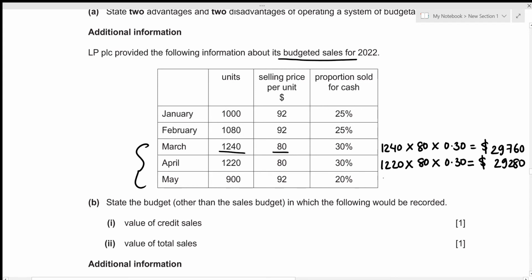We have the number of units to be 900. We have the selling price of 92. And the proportion sold for cash is 20%, so that's 0.20. So the total cash sales in the month of May is going to be 900 times 92 times 0.20, which is 16,560. So we will be just writing these three amounts as cash sales in our cash budget.